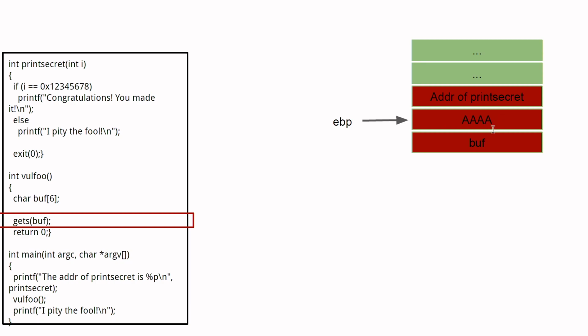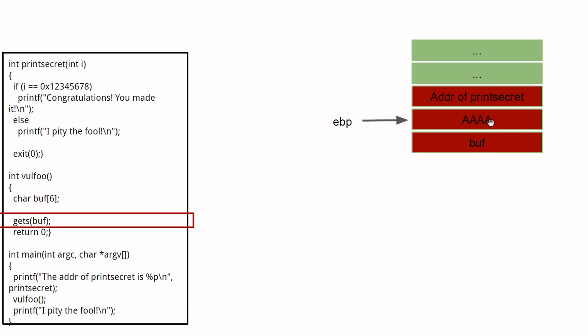We don't really need to overwrite that. We don't want to overwrite that. But we cannot avoid overwriting that, because that is how gets or string copy works. They do a sequential copy. So if we want to overwrite the return address here, we have to overwrite this part, okay? So let's assume we put 4 letters A there, uppercase A, which has an ASCII value of maybe 61 in hex. Anyway, it's 4 bytes.